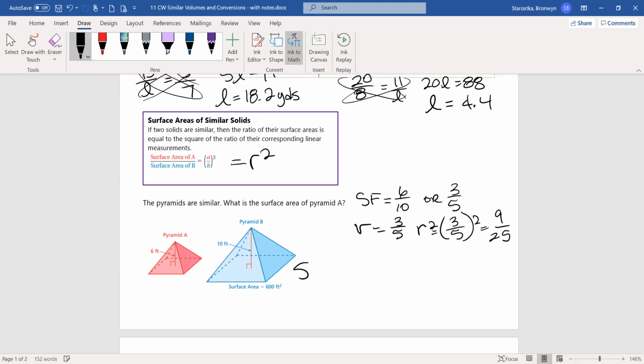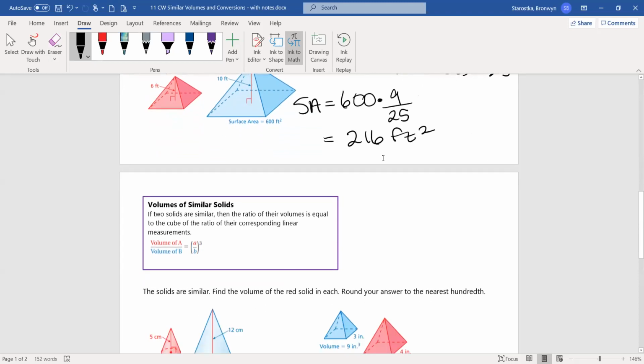So our new surface area of the smaller is going to be 600 times 9/25. That's how we make it smaller. The new surface area is 216 feet squared.